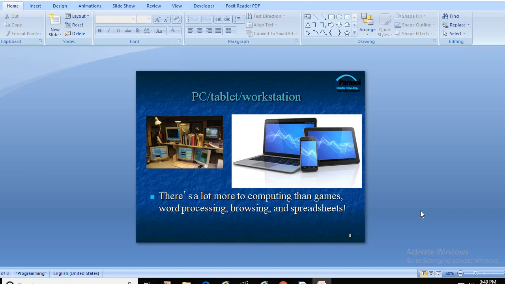The last example is the PC, tablet, workstation or desktop PCs, mobile phones. These are in fact examples of programming in which the programming languages are used. There is a lot more to computing than games, word processing, browsing. We are very used to using browsers like Chrome, Firefox, Mozilla.